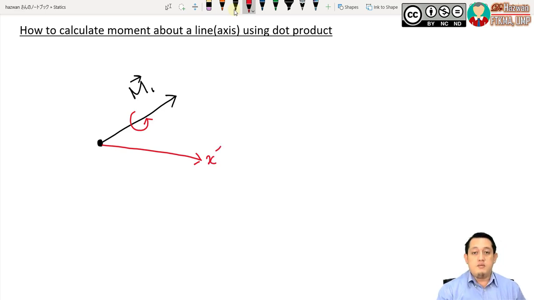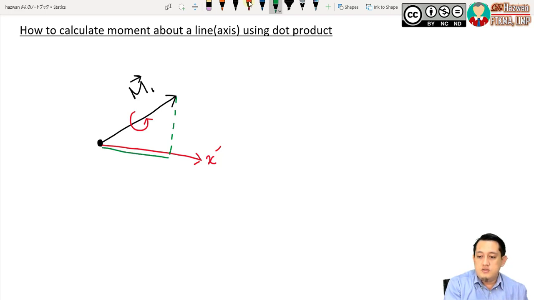Just like when we resolve a force into a specific line, this one is also the same. When we want to calculate the moment in a specific direction, let's label it as Mx prime.